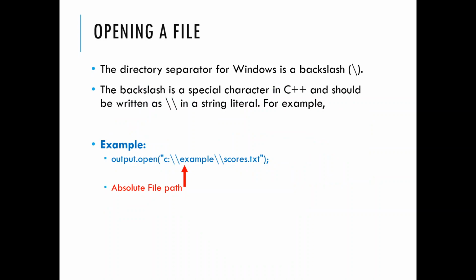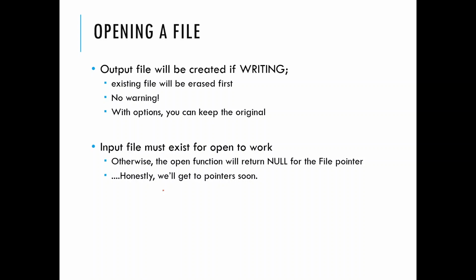Okay. So if I have a C colon slash, this is an absolute file path. That's sort of the dead giveaway that you're in an absolute file path. And I would also like to point out, for writing a file, we have another little weird quirk. We're only going to be looking at reading files. But if I'm writing a file, if I put a W in the quotes, it will erase whatever file was there with that name.